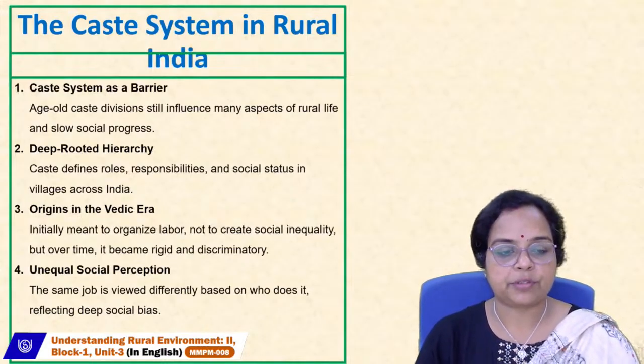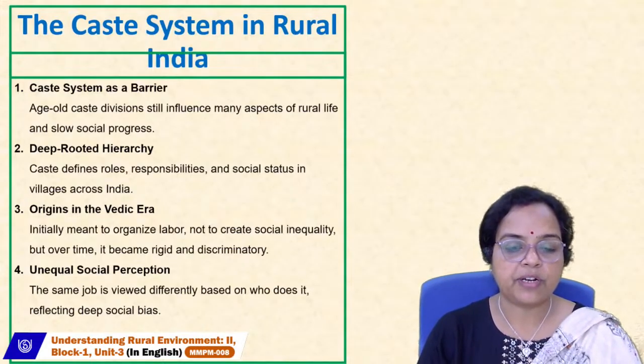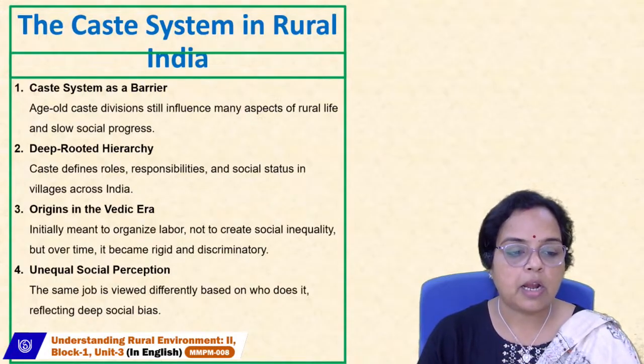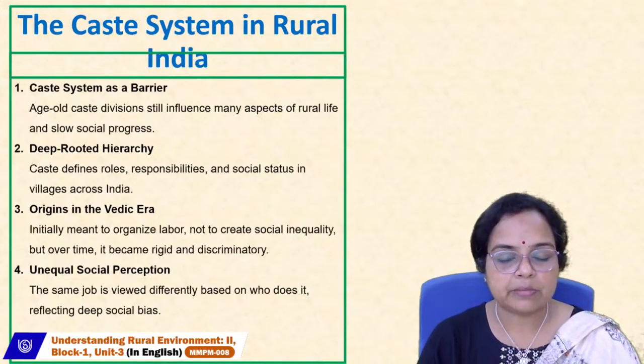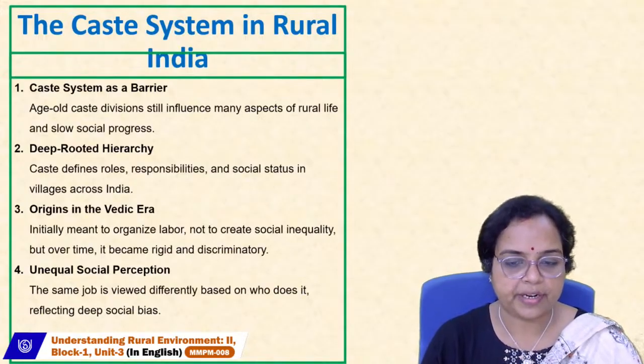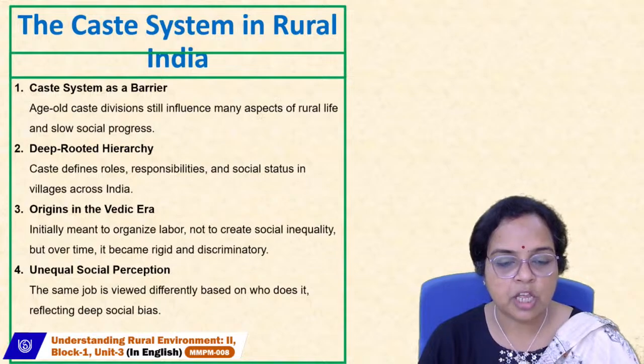Unequal social perception. The same job is viewed differently based on who does it, reflecting deep social biases. People used to have strong biases while discriminating the jobs, discriminating the people who do it. Like a simple example, cleaning the drains. Those who clean it, that is the function of the job they are doing, but society views them in a different way.